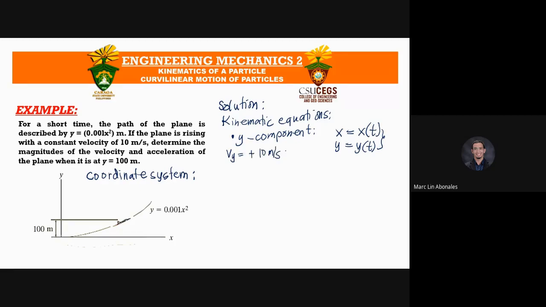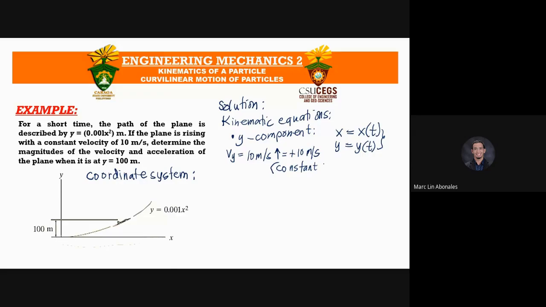The direction is 10 meters per second upward, rising, or positive 10 meters per second. And your y component is a constant. So the y component of the velocity is constant, and in determining the y component of the acceleration, that is equal to 0. Okay, constant na itong Vy.